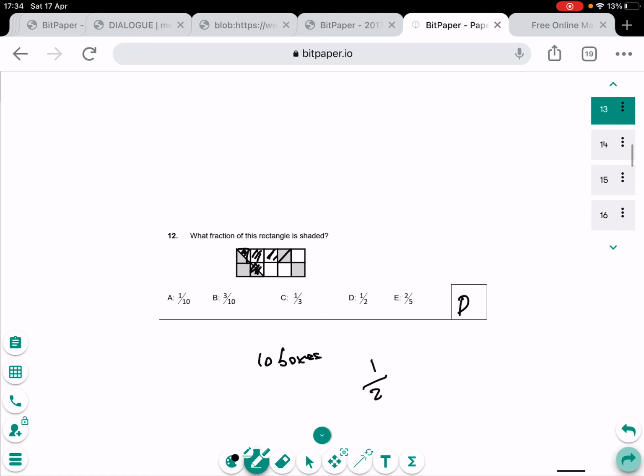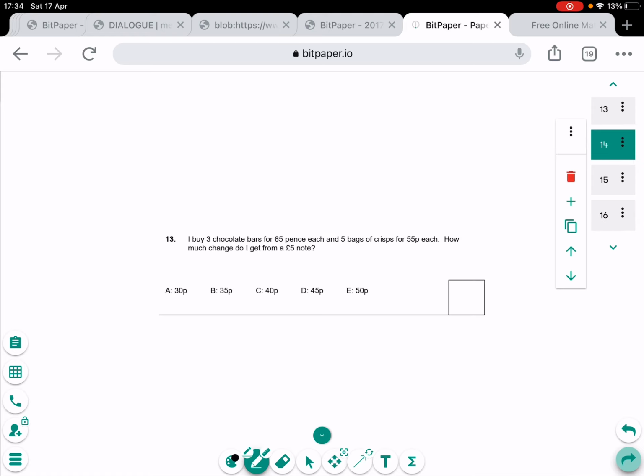And for question 14, I buy 3 chocolate bars for 65 pence each, and 5 bags of crisps for 55 pence each. How much change do I get from a £5 note?